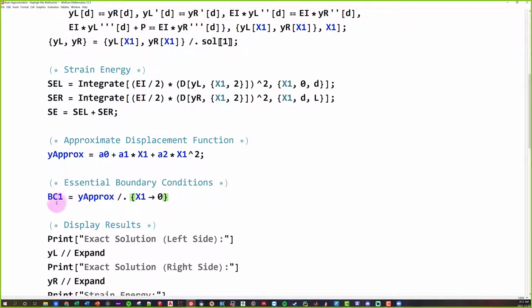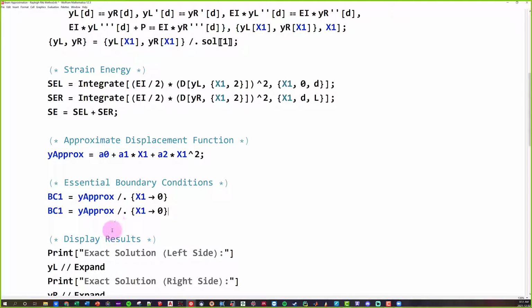So this is going to be the displacement on the left-hand side. I'm going to copy this and paste it. And I'm going to say this is boundary condition 2, which is my approximate function when x1 is equal to L. So this would be my displacement on the right.